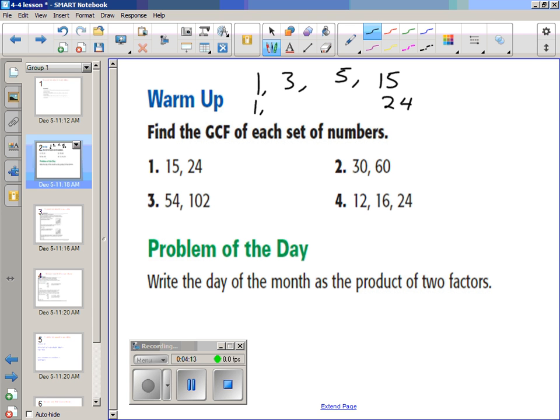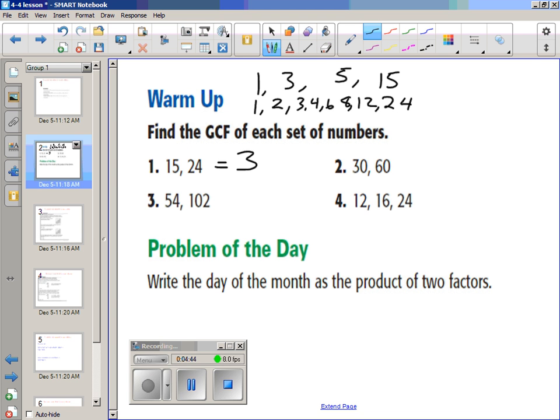So we have to remember to always include 1 and the number itself. 2 and 12. And then what else? 3 and 8. And 4 and 6. Very good. So what is the greatest common factor between those 2 numbers? We see 1, but there's one bigger right here with the 3. So our greatest common factor, our GCF, is 3.